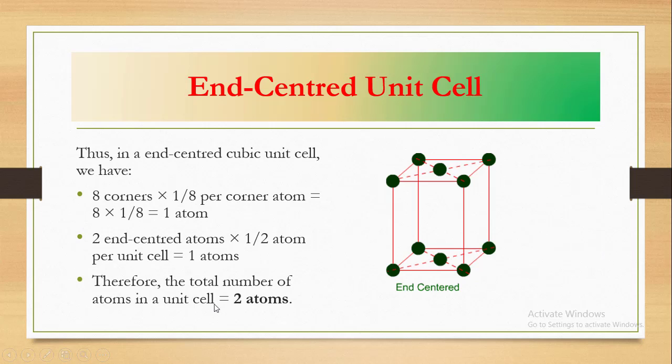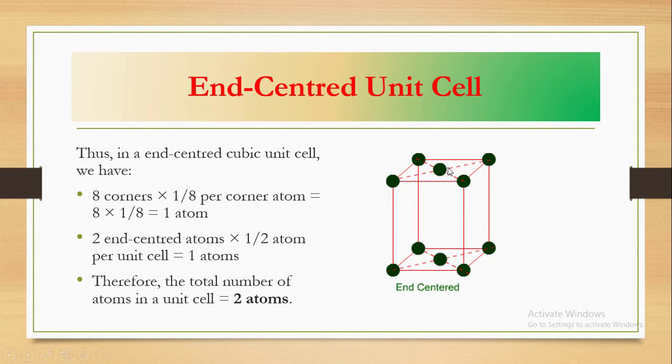So the last type is the end-centered unit cell. In the end-centered unit cell, there are 8 atoms at the 8 corners of the unit cell, and 2 atoms at the 2 opposite faces of the unit cell. So these 8 atoms at the corners will contribute 1/8. Since there are 8 such corners, 8 into 1/8 will be equal to 1.